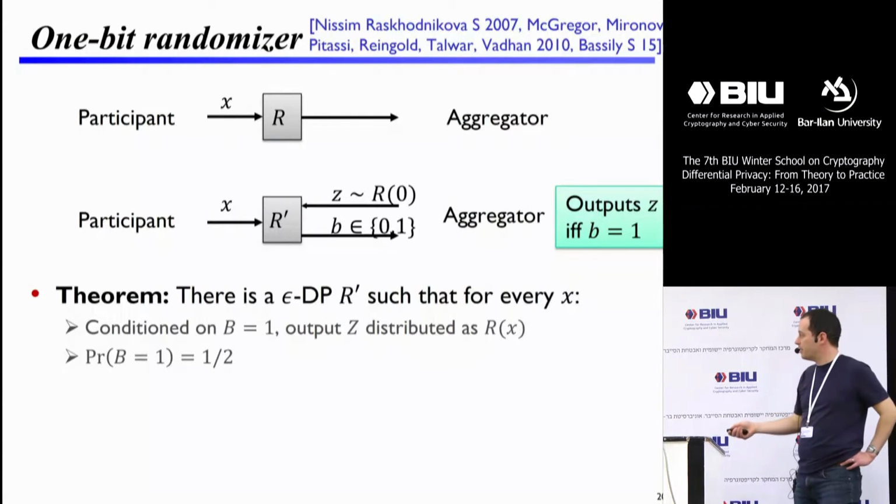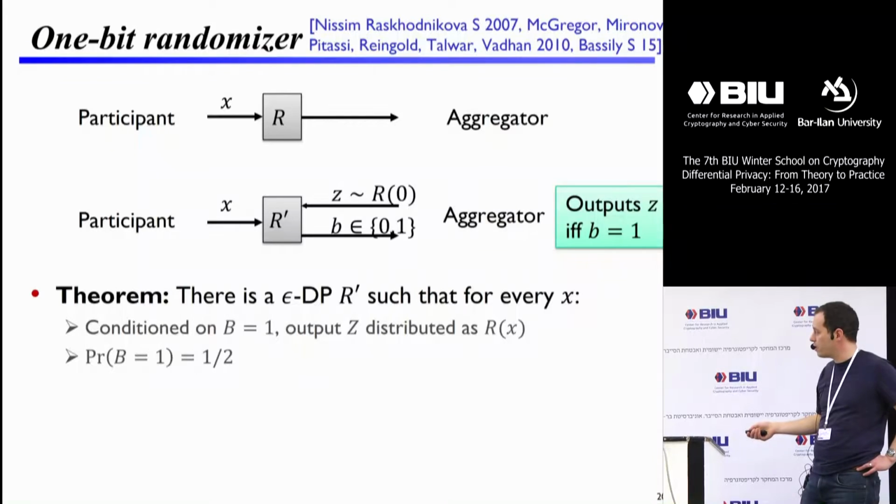Okay, and the result is there's an epsilon differentially private randomizer R prime such that for every x, when the output B of the randomizer is 1, the distribution on the thing that the aggregator keeps is exactly R of x. So it's distributed exactly in the correct way. And on the other hand, for every x, the probability over all z that the aggregator keeps something is exactly a half.